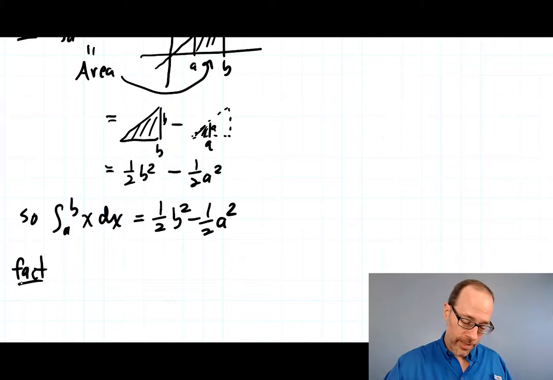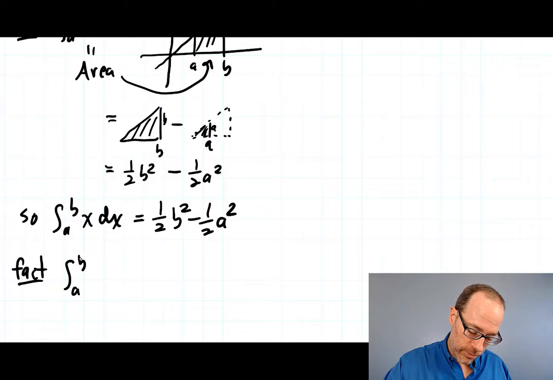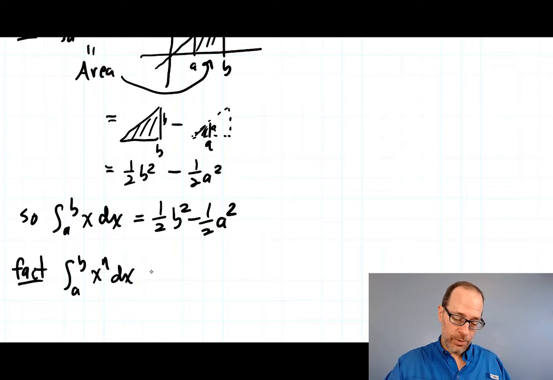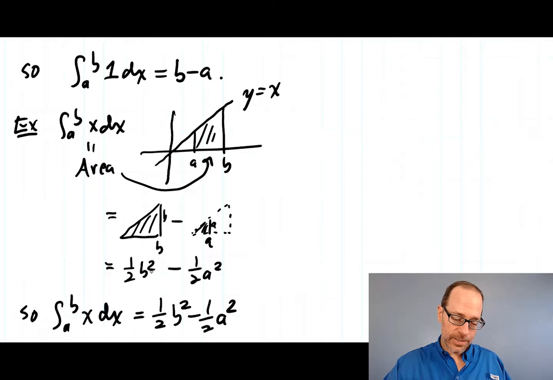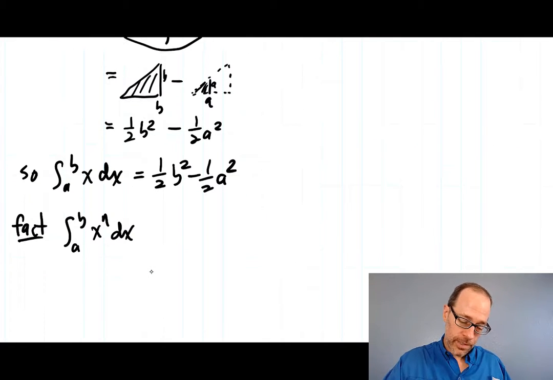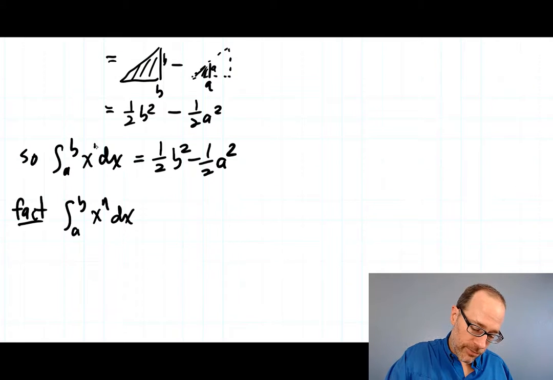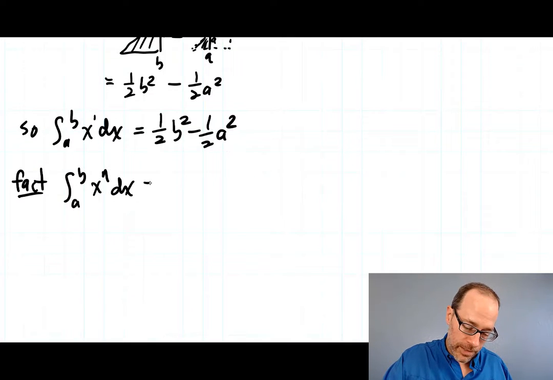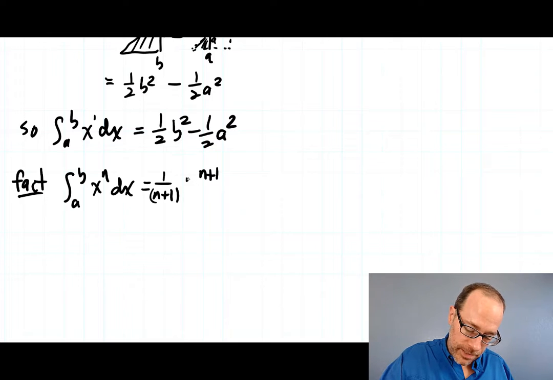All right, that's as far as our symbol formulas go, but we'll use this fact for examples, and we'll show why it works later. In fact, you get a similar formula for all of these polynomial things. The integral from a to b of x to the n dx. Above we did the case where n is equal to 0 and the case where n is equal to 1. And you notice that the first power got bumped up to a second power and the 0th power got bumped up to a 1. So it's not too hard to guess that the answer is going to be this, and it turns out this is correct.